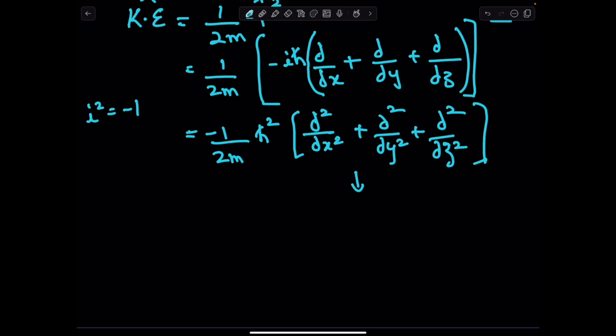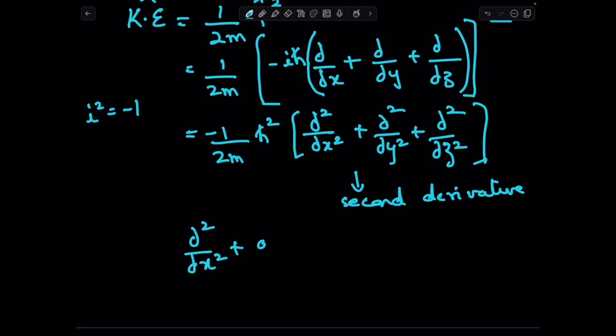This is the second derivative, which means you take the derivative of the function and then you take the derivative of the result of the first derivative.